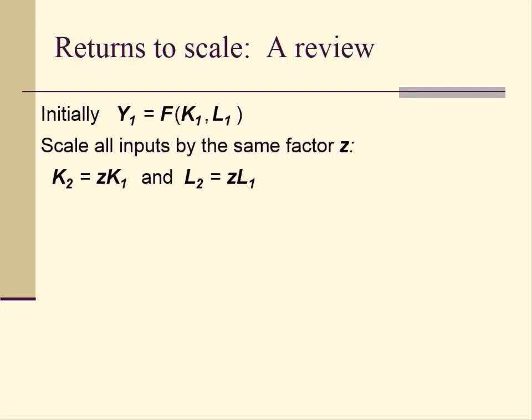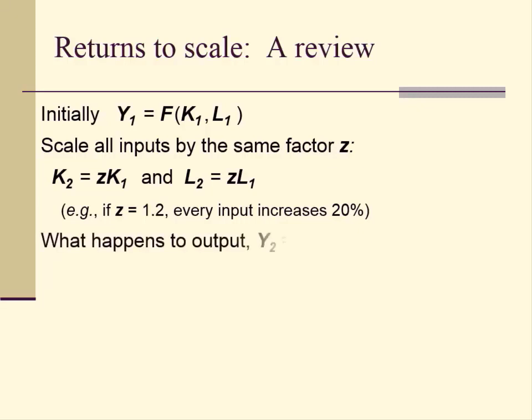Similarly, you multiply L sub 1 by Z to get L sub 2. Z could be, for example, 1.2. Then this will increase inputs by 20% from the initial level. And when that happens, output changes according to the production function. That is, Y sub 2 equals F of K sub 2 and L sub 2.